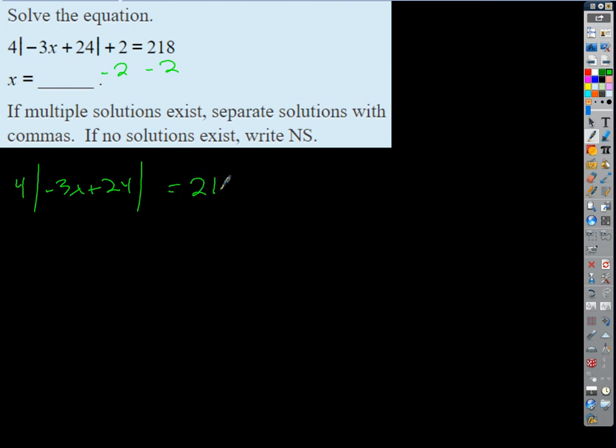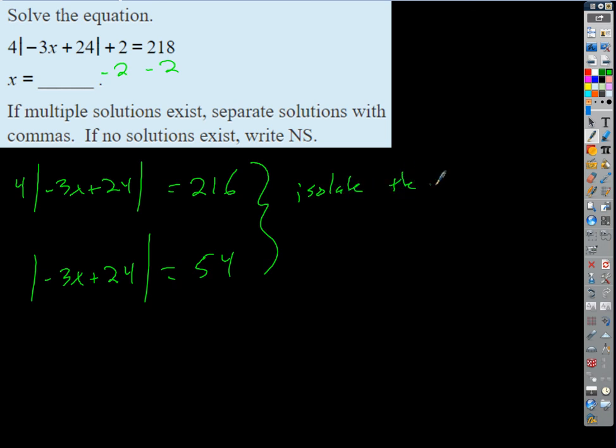We got 216, then divide by 4. If we divide by 4, what's that going to give us? 54, there we go. So those two steps combined just isolate the absolute value function.